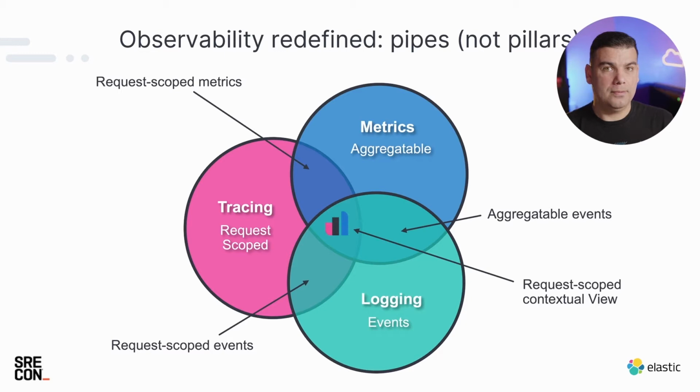Different types of pipes that ultimately will send all of them to a common location that throughout the course of this talk we're going to be calling observability backend. And once those telemetry data get there, they're going to be integrated, correlated, and most importantly, they're going to give you the tools to ask any type of questions about your systems that are running in production.